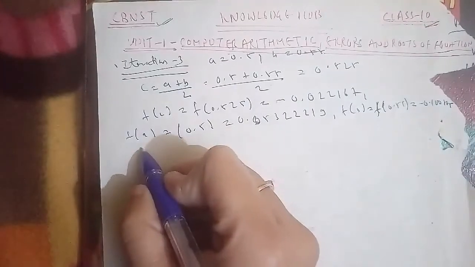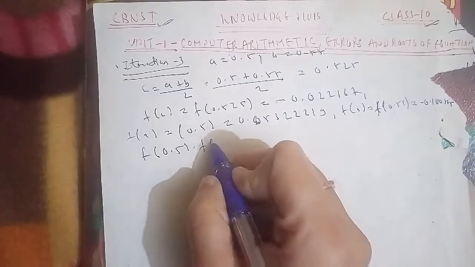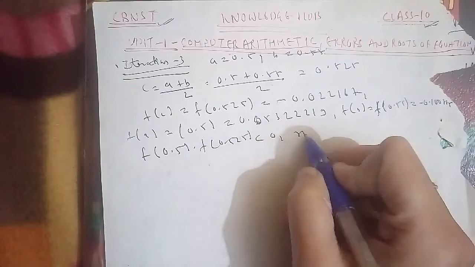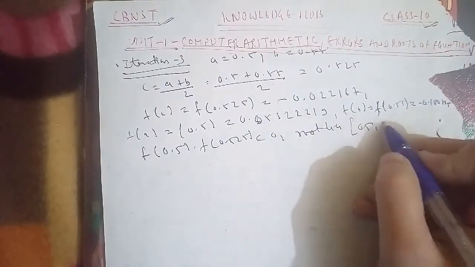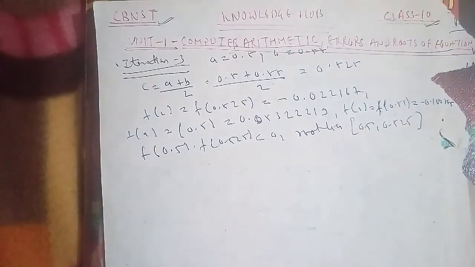Since f(0.5) times f(0.525) is less than 0, the root lies between 0.5 and 0.525.